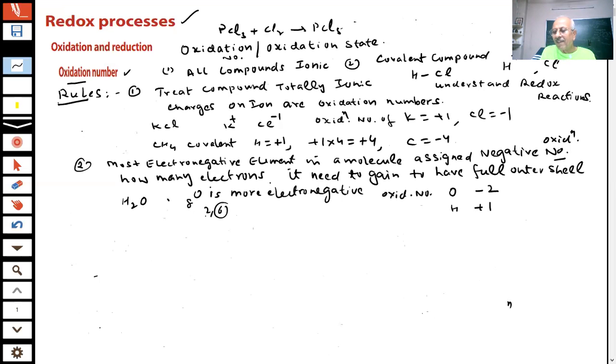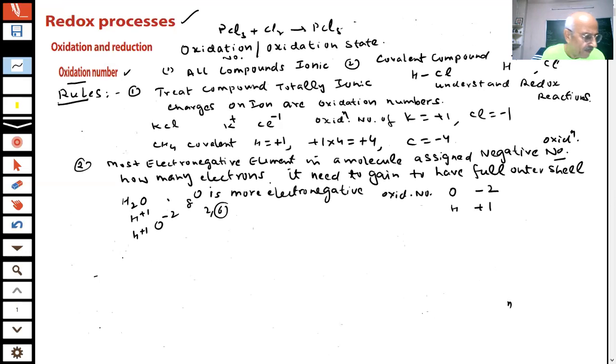How many will it gain? If it has 6 electrons in the outermost shell, it will need 2 electrons. So it will take 2 electrons from hydrogen, because hydrogen is less electronegative. Then hydrogen will become +1. There are 2 hydrogens and 1 oxygen. This is -2, so each hydrogen should be +1. The oxidation number of hydrogen is +1 and that of oxygen is -2.